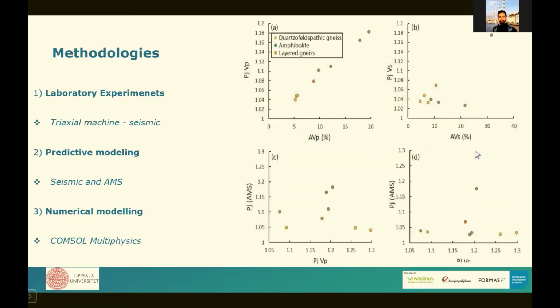Doing such an experimental test of seismic anisotropy, as we see, is quite expensive, time consuming, and also requires a specific material size that not everybody has. So we try to use a predictive model to connect seismic anisotropy to the magnetic susceptibility anisotropy.